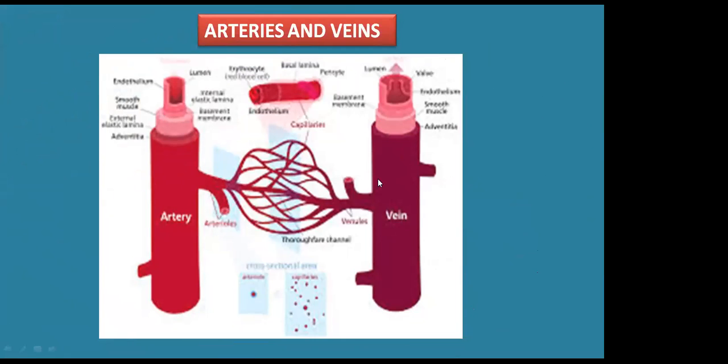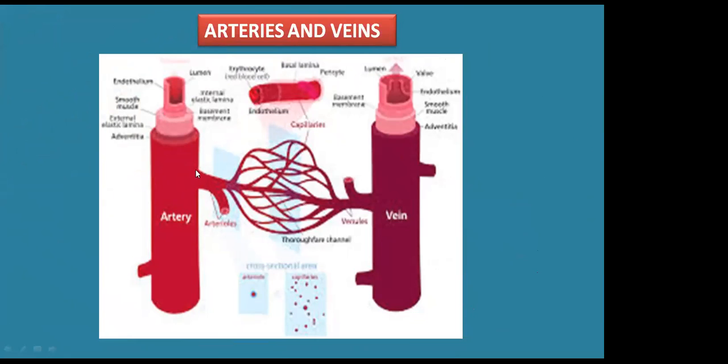This diagram clearly shows you that the connecting vessels between arteries and veins are the branched microscopic vessels, nothing but the capillaries. Arteries branch to form arterioles with smaller diameter, and arterioles further branch to form microscopic capillaries.